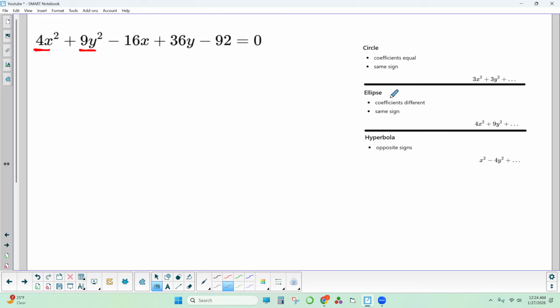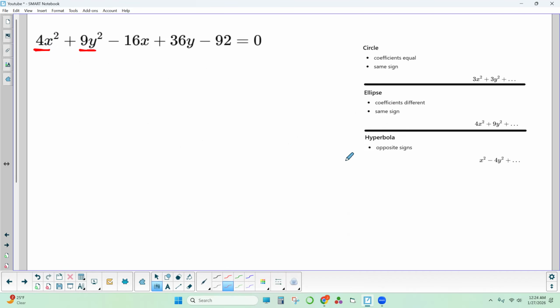If it's an ellipse, the coefficients of your x and y squared terms are going to be different, and the sign will be the same. And if it's a hyperbola, they're going to be opposite signs of each other, that is, your x squared and your y squared term.